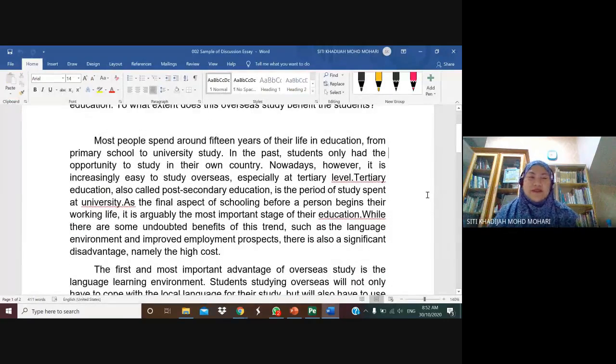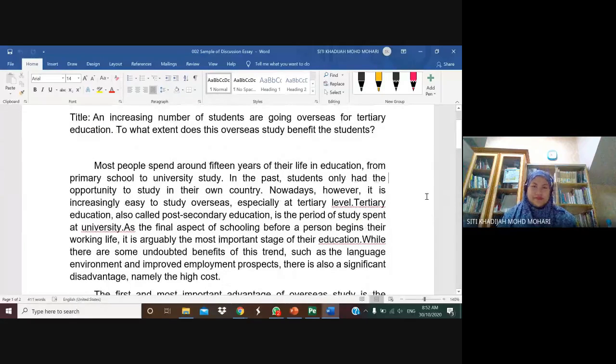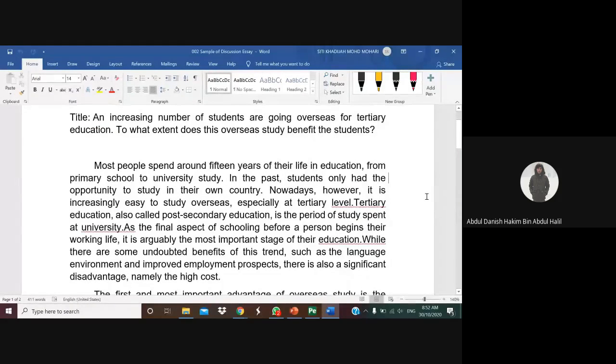All right. The first paragraph. Most people spend around 15 years of their life in education, from primary school to university study. In the past, students only had the opportunity to study in their own country. Nowadays, however, it is increasingly easy to study overseas, especially at tertiary level.